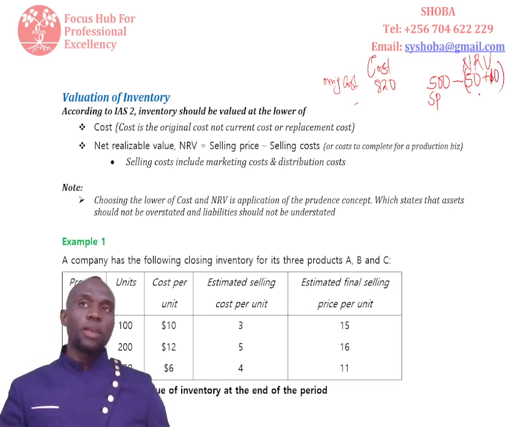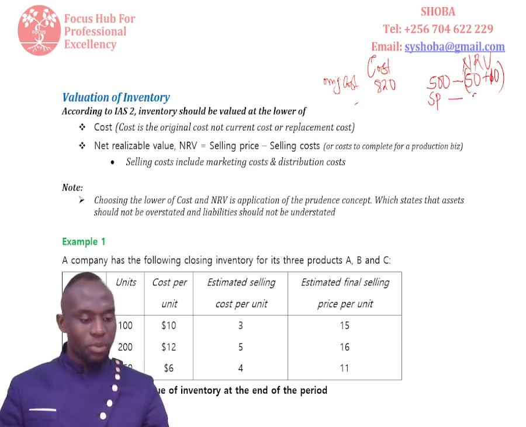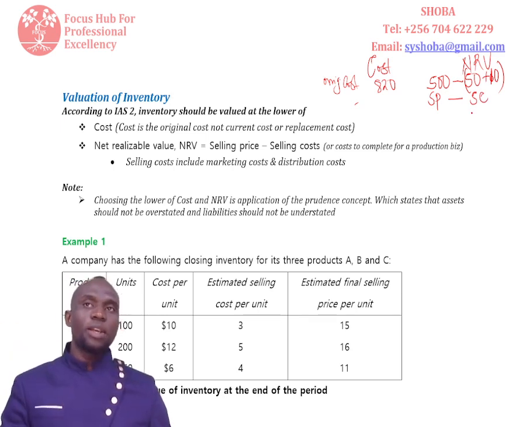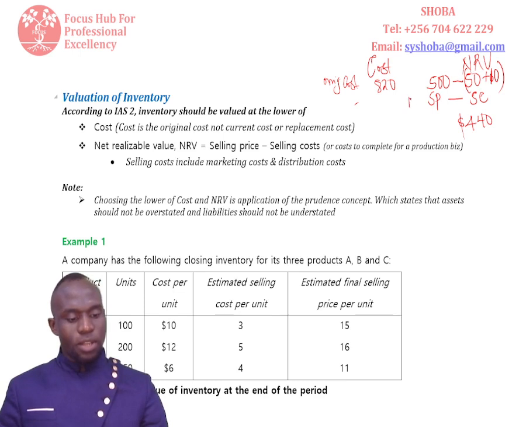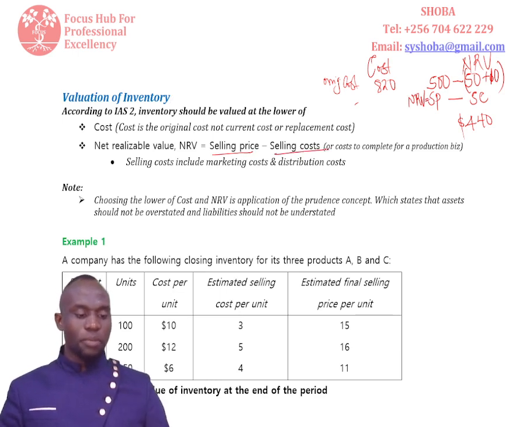So you see, before we get the 500, we have to put in $60. Now this is what we call the selling costs incurred before selling. So the net amount we are actually getting is $440. So this is the net realizable value, and it is selling price minus the selling costs.